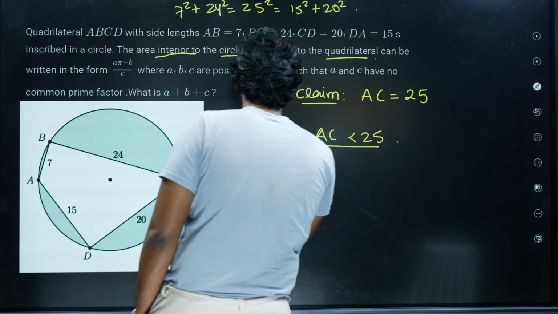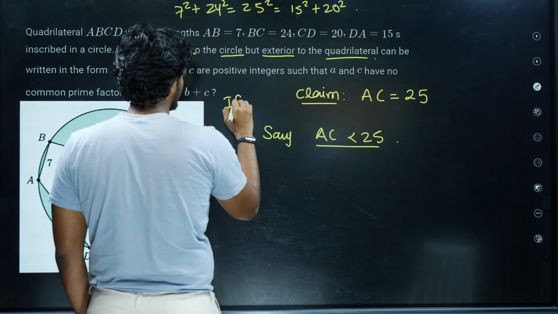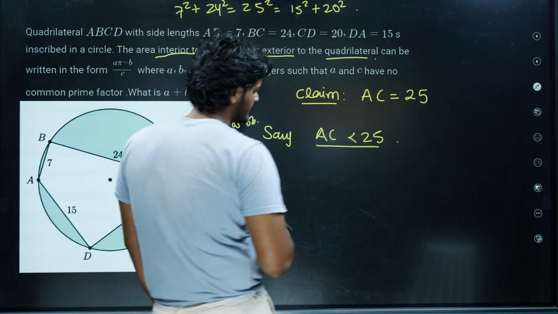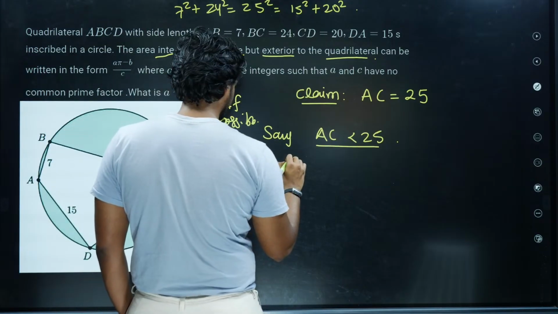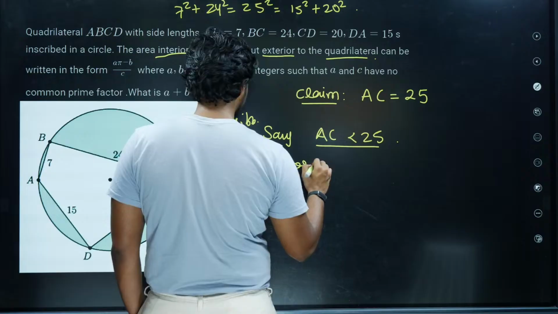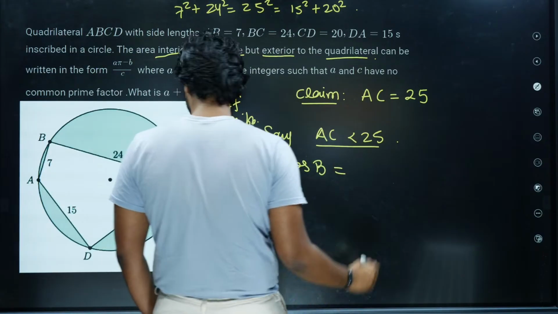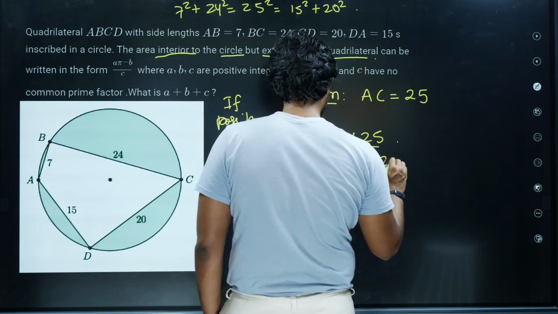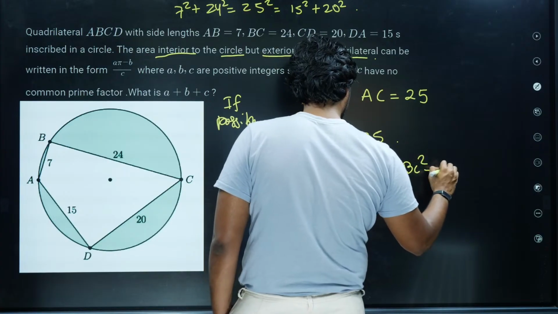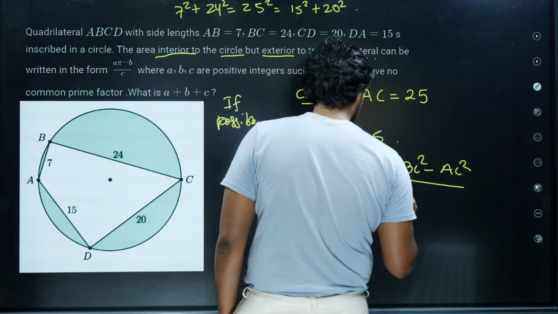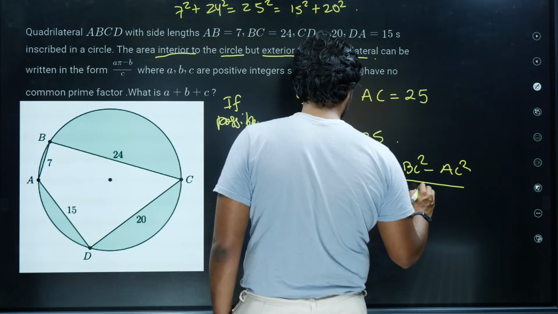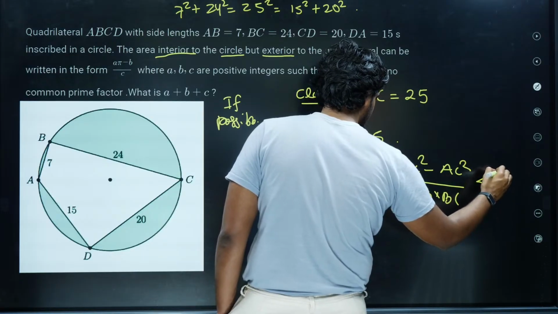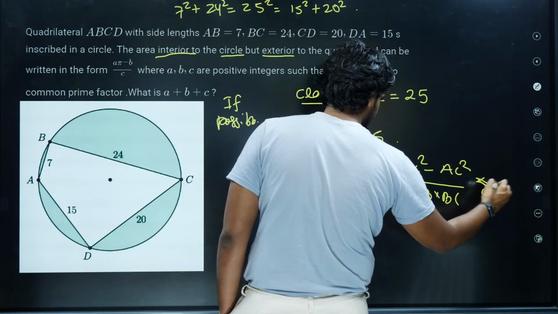So if possible, let's say AC is less than 25, that implies cos B is equal to AB square plus BC square minus AC square by 2 AB BC, and you'll see that this is positive.